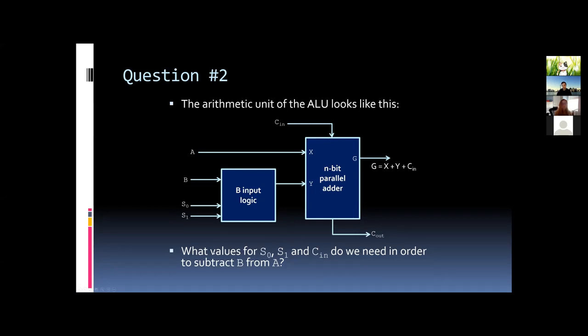So the question here is what values for S0, S1, and Cin do we need in order to get a subtraction of B from A? So we want to get A minus B, right? So what values for S0, S1, and Cin do we need to have?